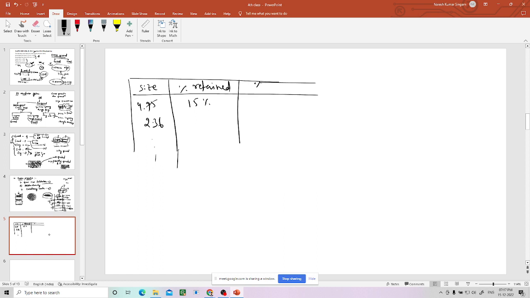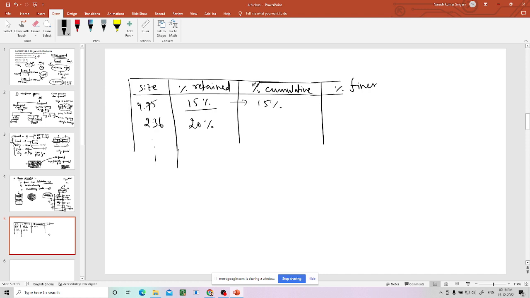Then what you have to do is find the cumulative percentage retained. I'll tell you why. Then you can find out the percentage finer. So let us say 15 percentage retained here, and 20 percentage retained on the next sieve. If 15 percent is retained above this, how much is cumulative?